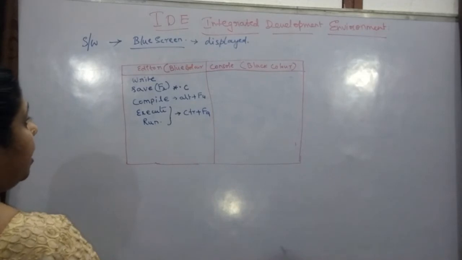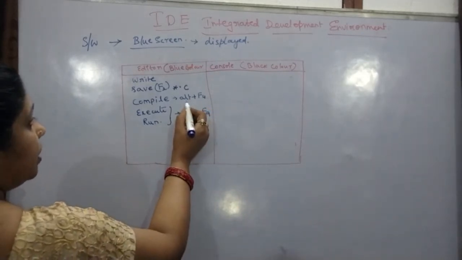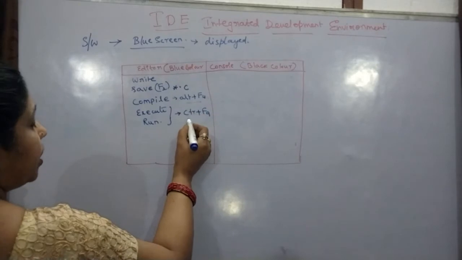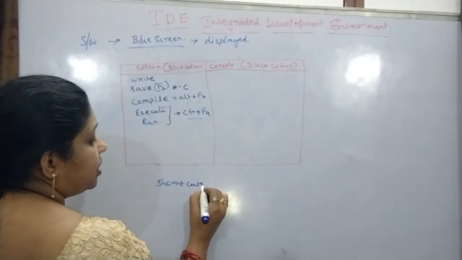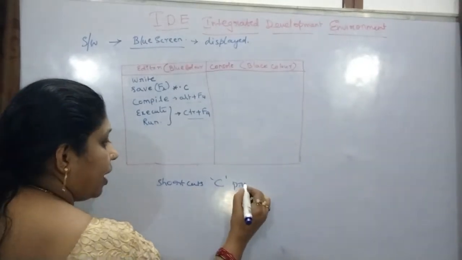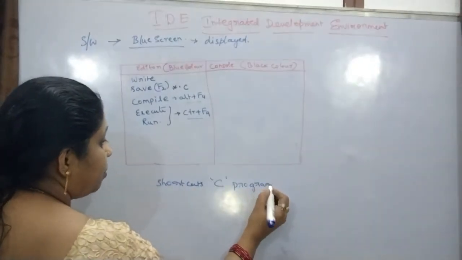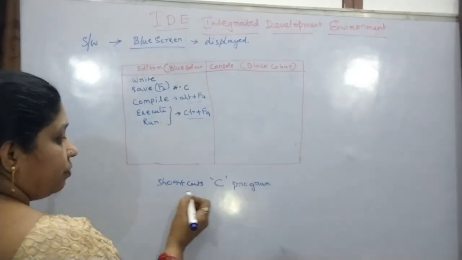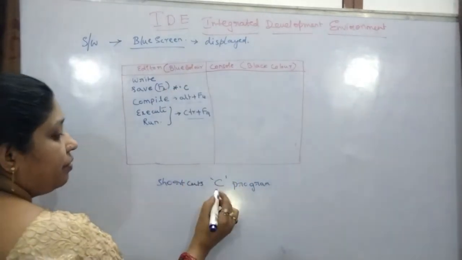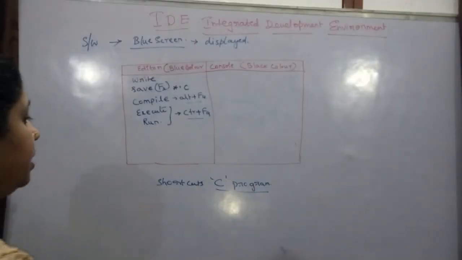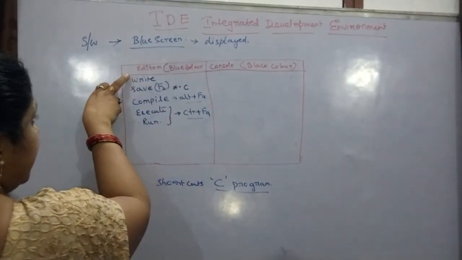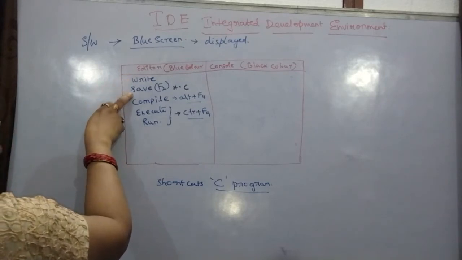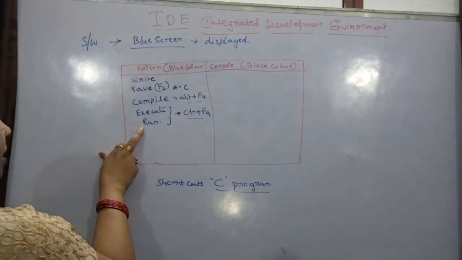These shortcuts, F2, Alt F4, Control F9, are only for this C program IDE, and for other languages you have some different shortcuts. So in the editor, you are writing the program, saving the program, compiling, executing and running.